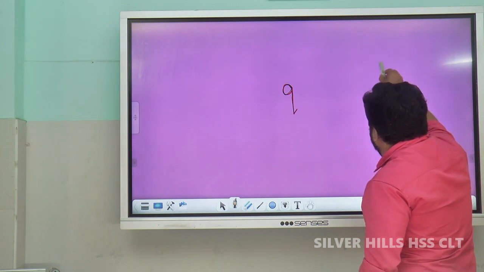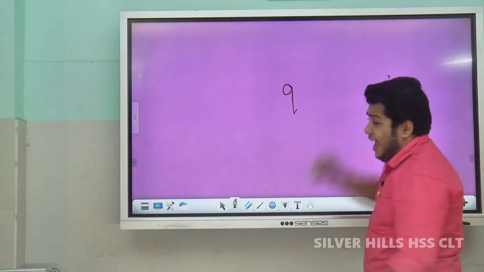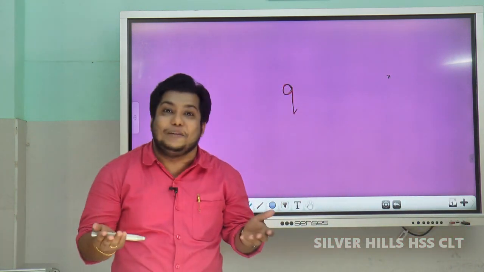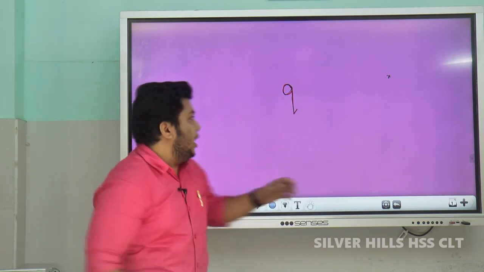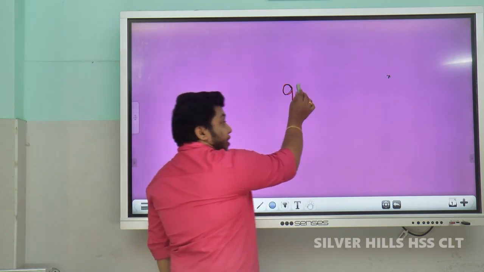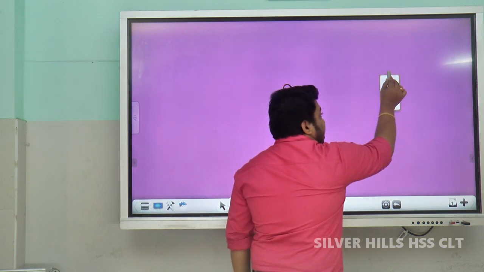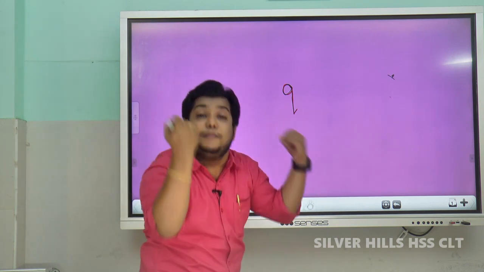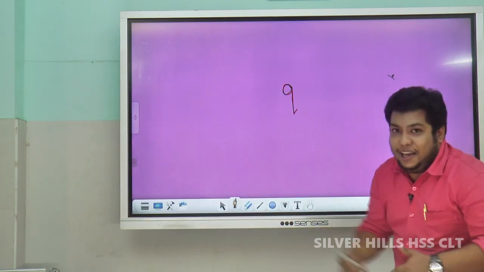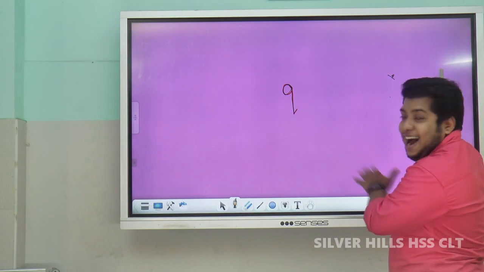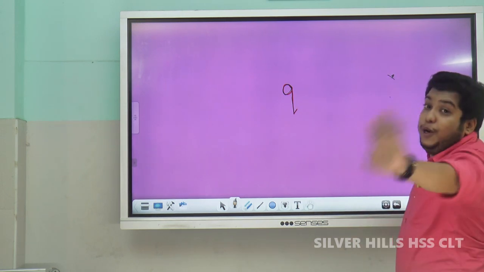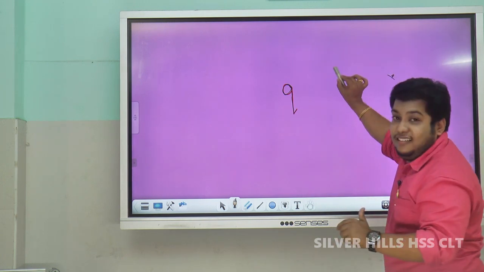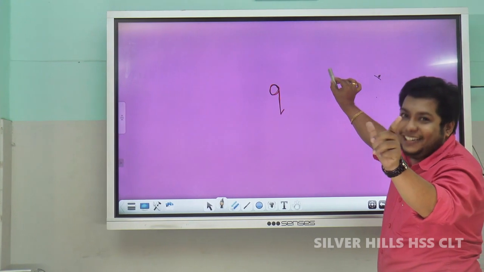Then at a particular point, the force of interaction becomes zero. Here it is maximum, but when we move away, at a particular point it becomes zero. When I place another charge here, outside this boundary, there will be no force of interaction. But when I place it here, there will be a force of interaction.